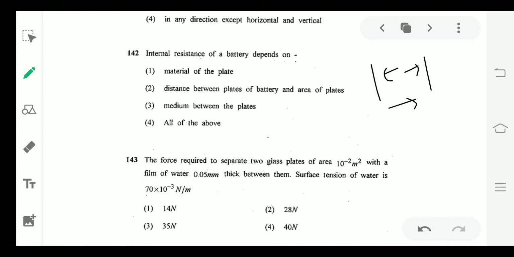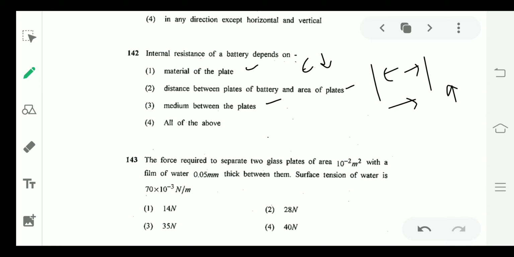And it will also depend on the medium between the plates. If there is a high ionic medium, or you can say a more electrolytic medium, then the internal resistance will increase. And it will also depend on the material of the plates. If the material is highly conductive, if its conductivity is high, then the internal resistance will be very low.